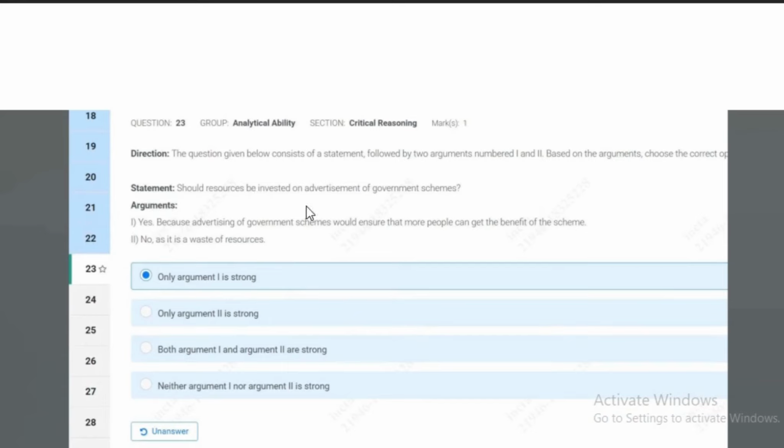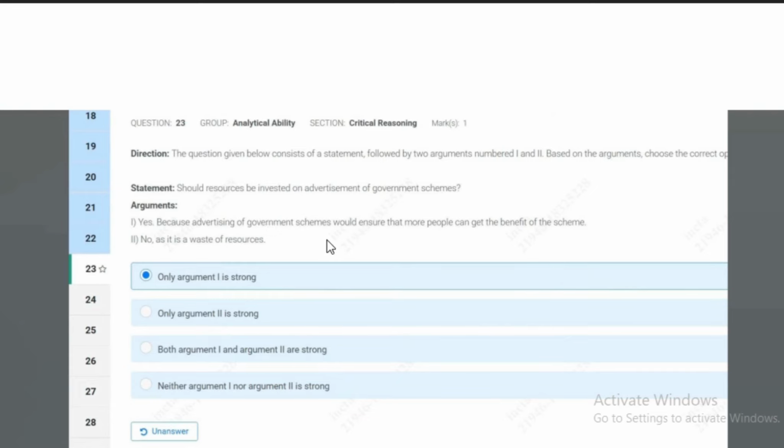And from question 23, this section is critical reasoning, also called analytical ability. The first question has statements and arguments, and you have to choose which argument is strong for that statement. The statement here is, should resources be invested in advertisement of government schemes?